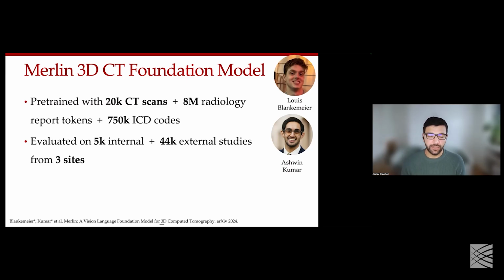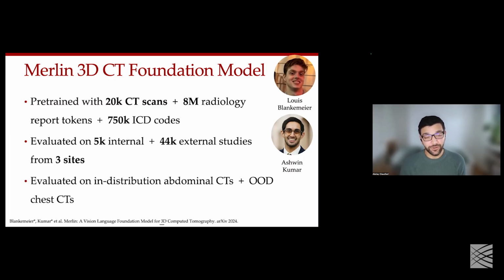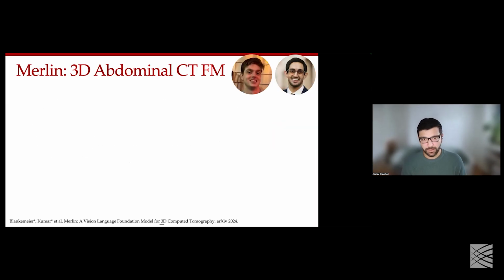So we evaluated on roughly 5,000 datasets from Stanford and over 40,000 CT scans from three different hospitals in the US. We also wanted to evaluate its out-of-distribution capabilities. We trained the model on abdominal CTs, but how would the model work if we used it as an embedding model on chest CT scans? We wanted to see how well it performs as an embedding model.